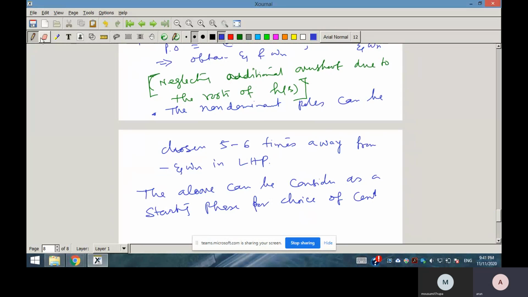For the ultimate choice you have to make some iterations so as to meet some other specifications, as I said.